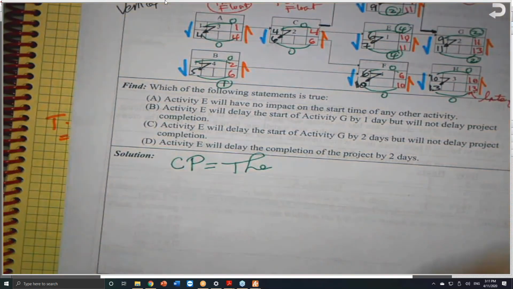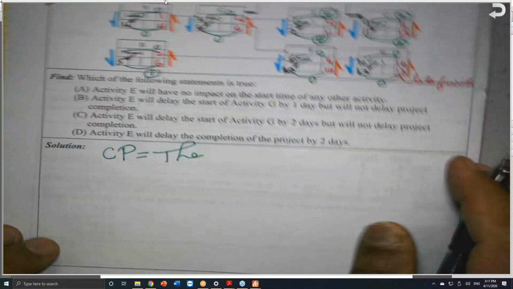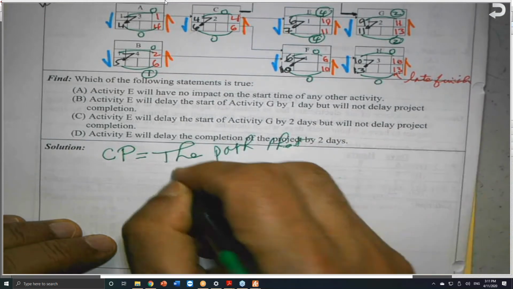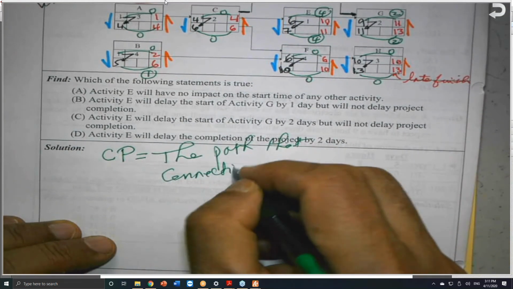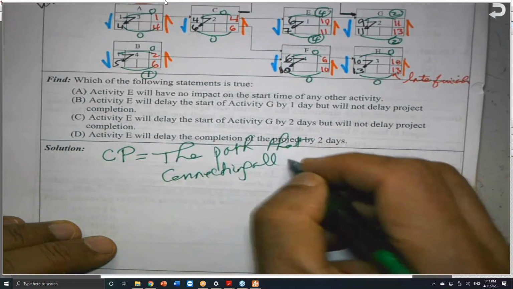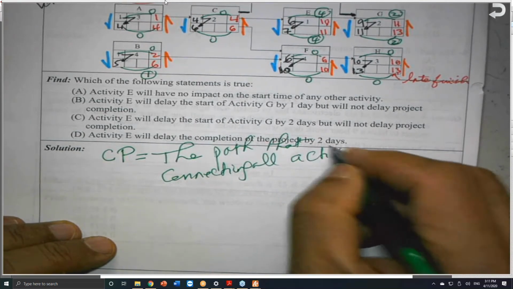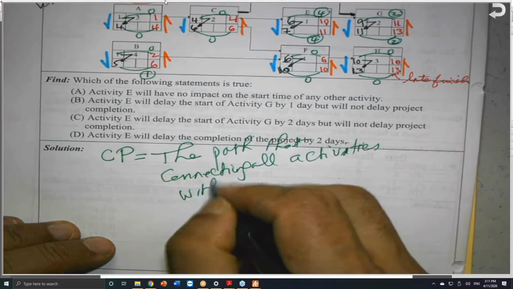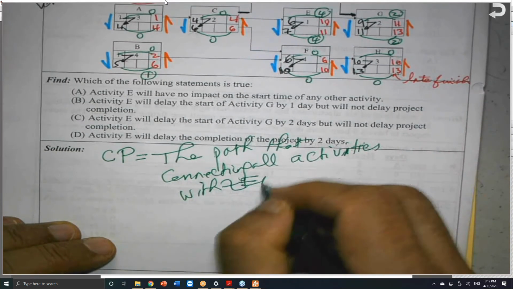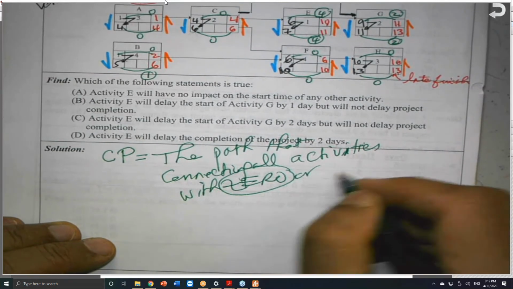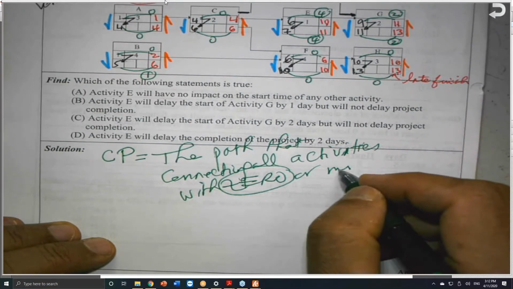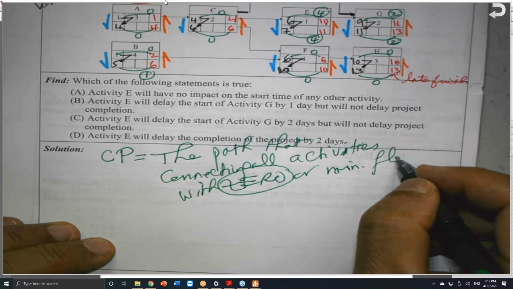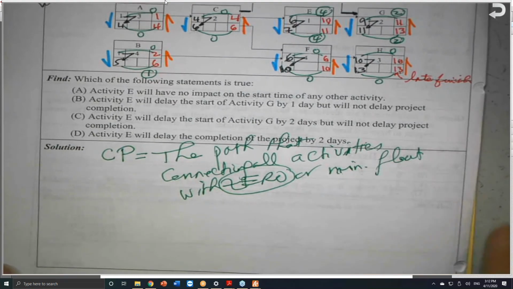So the critical path, the CB, is a path connecting all activities with 0 or minimum float. We know this definition.